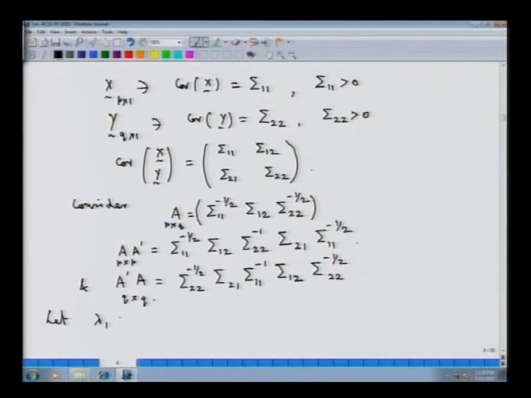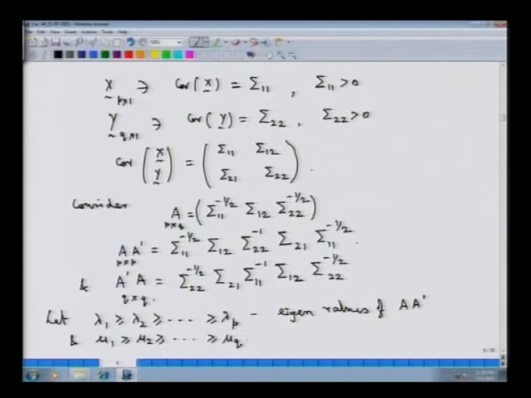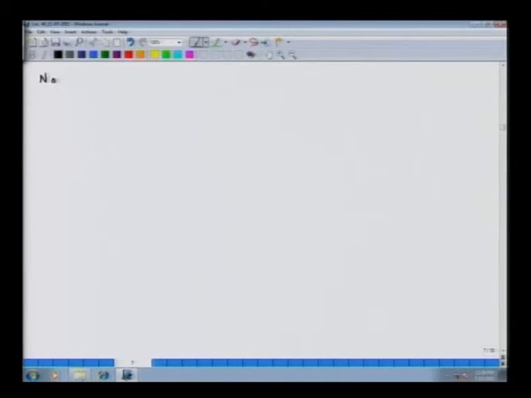Let lambda 1 greater than or equal to lambda 2 greater than or equal to lambda 3, and so on up to lambda p, be the eigenvalues of the matrix A A prime, say, and mu 1 greater than or equal to mu 2 and so on up to mu q, be the eigenvalues of A prime A.